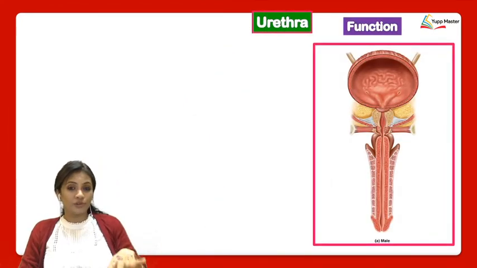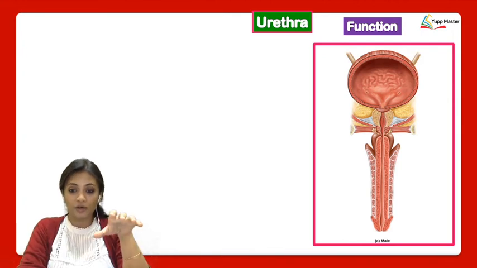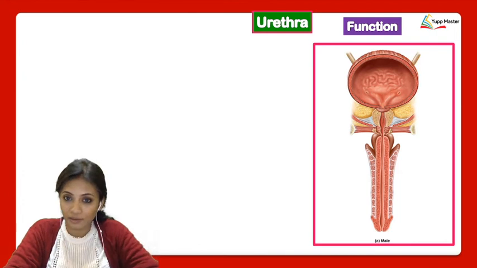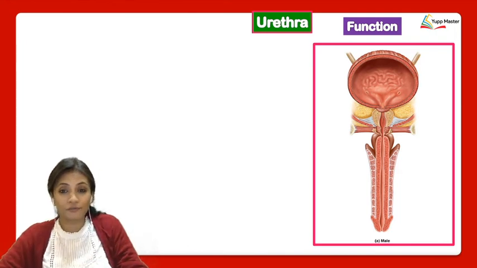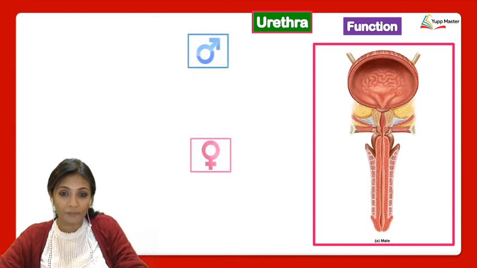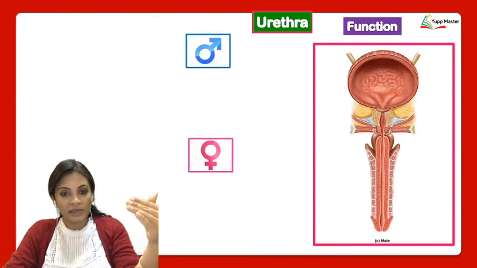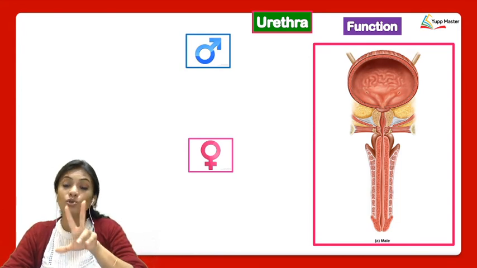Remember, I told you that the urethra in males is around 20 centimeters, and in females around 4 centimeters. The functions are also different. In males, because it passes through the male copulatory organ, it has to do two functions.